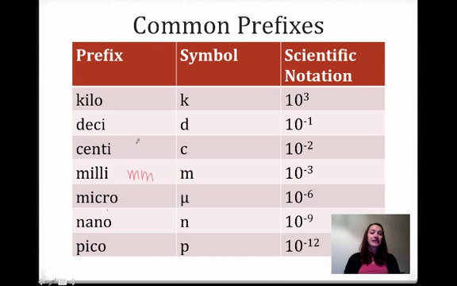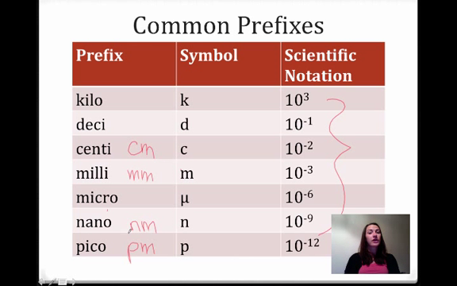Okay, a centimeter, you guys are used to measuring with. And in chemistry, we have to use really small particles, so sometimes we're going to use a nanometer, which is going to be 10 to the -9, or a picometer, pm, which is 10 to the -12. Okay, so these are all the scientific notations for each of these prefixes and their symbol, right?